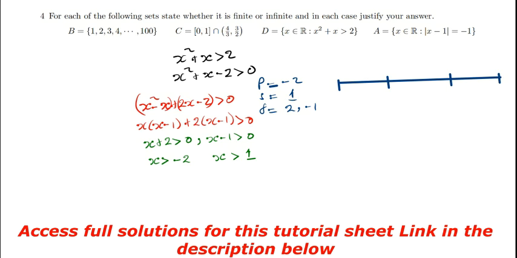So this result is saying that we have negative infinity, then we have negative 2, then we also have 1 here and positive infinity. These values that we have obtained are what we call critical points.